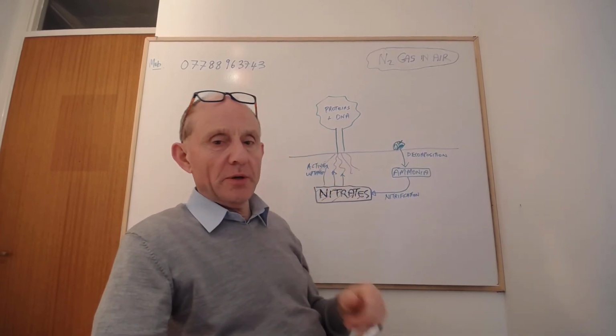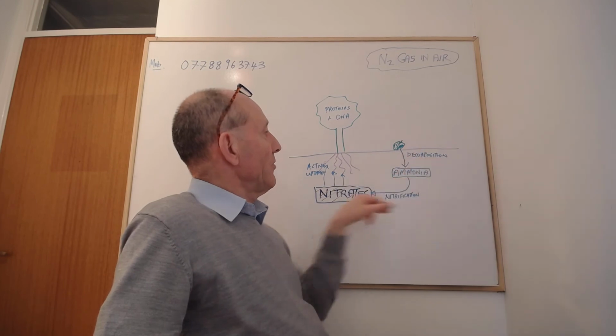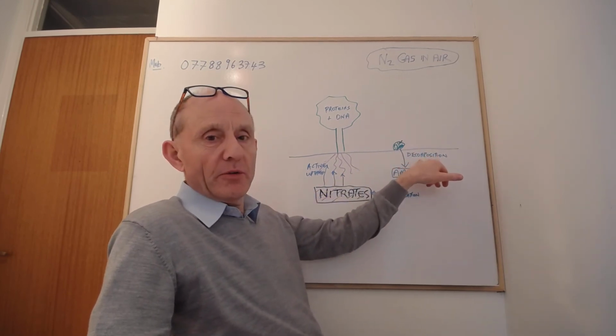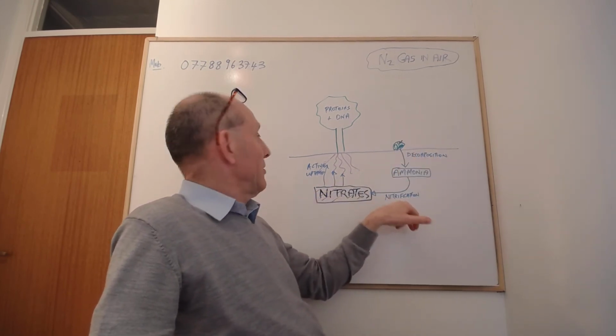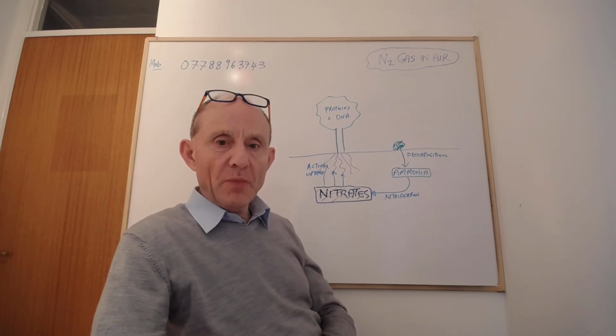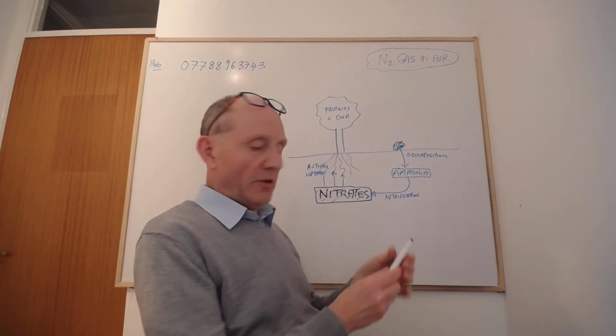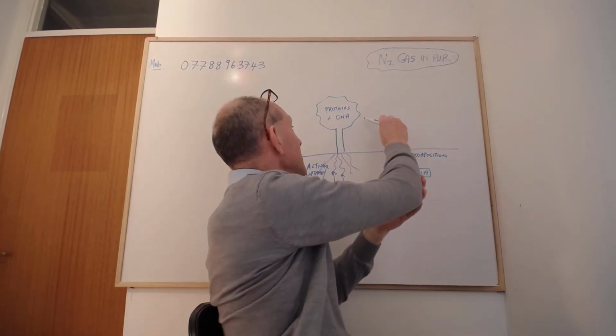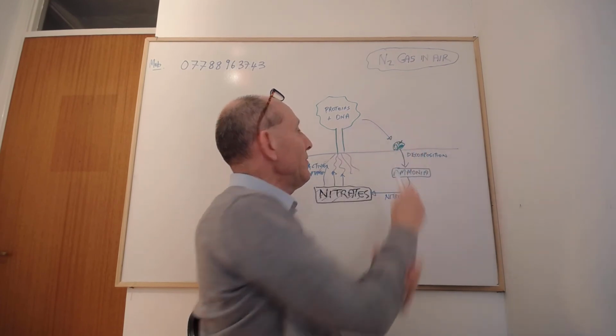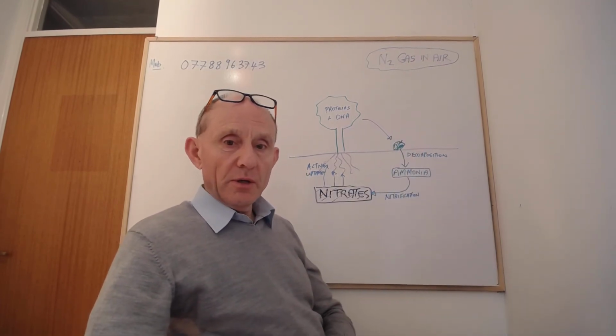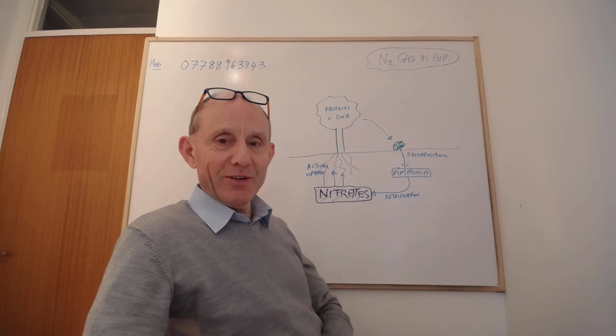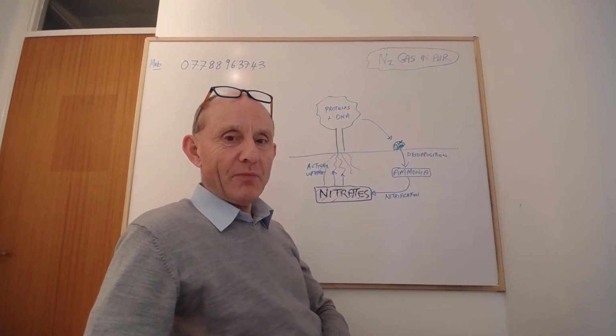So at this point, I want to just say something about these processes. The three processes were decomposition, nitrification, and active uptake. All three of these processes, I should have maybe just put an arrow from the tree down to the leaf, just to show that the leaf has fallen off the tree there. I'm not going to write anything on that, but basically you understand the leaf has fallen off the tree.